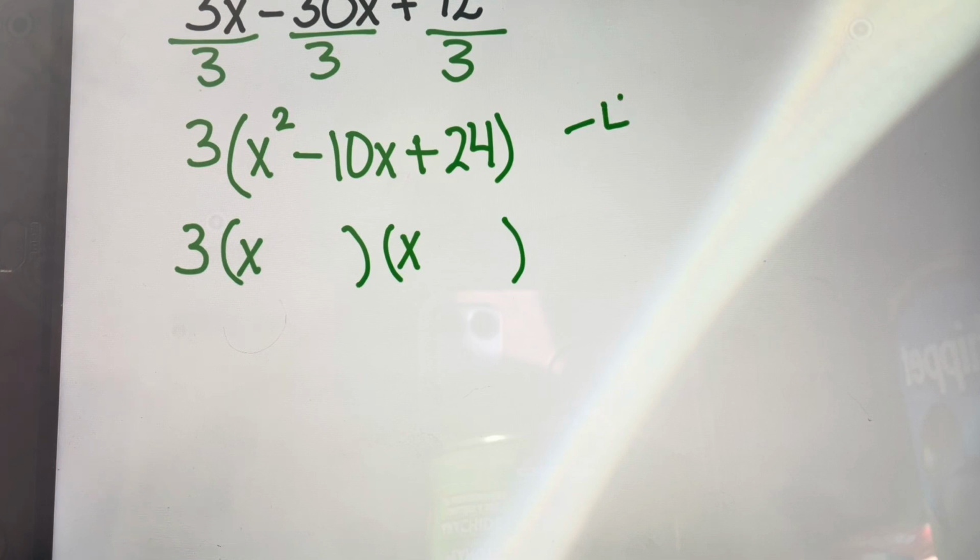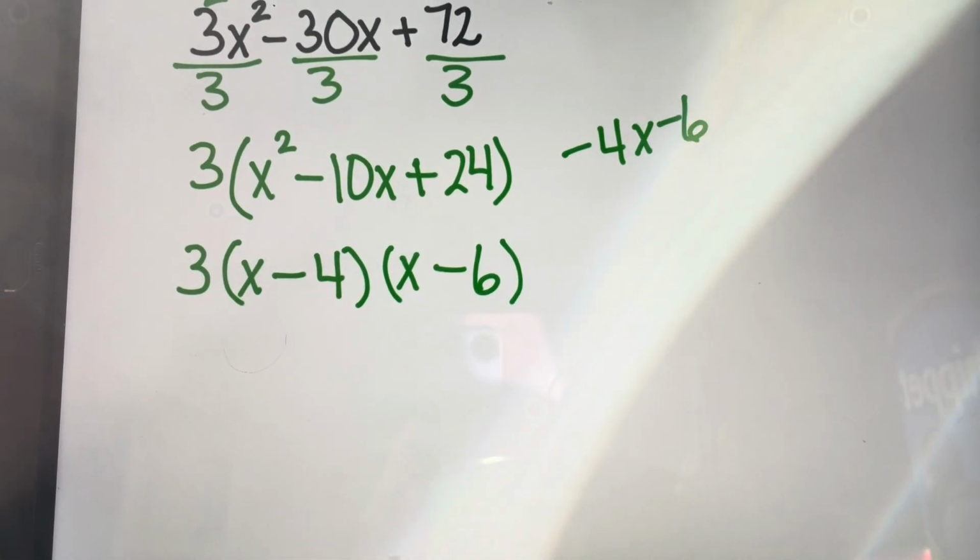Negative 4 times negative 6 can make positive 24. And it can also add together to make a negative 10. So I'm going to put that minus 4 minus 6. And I have factored that trinomial in more than one step. I had to factor out a GCF first.